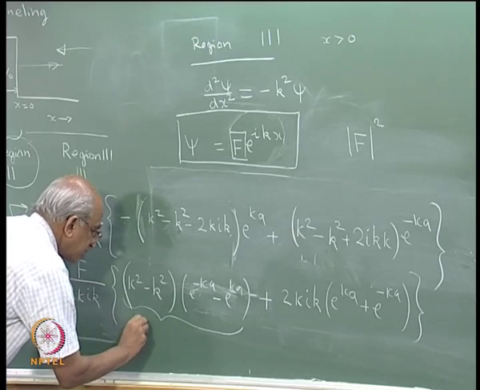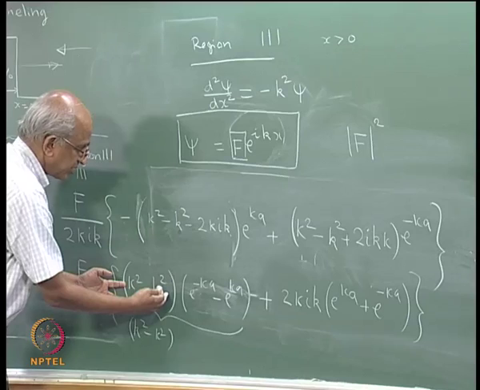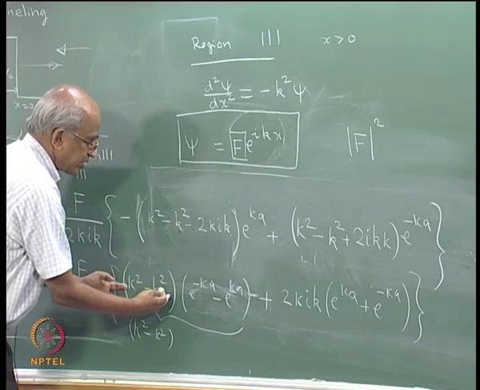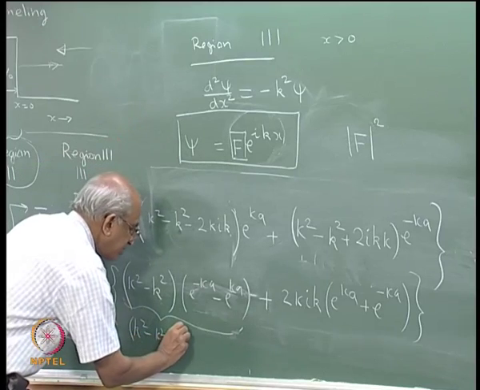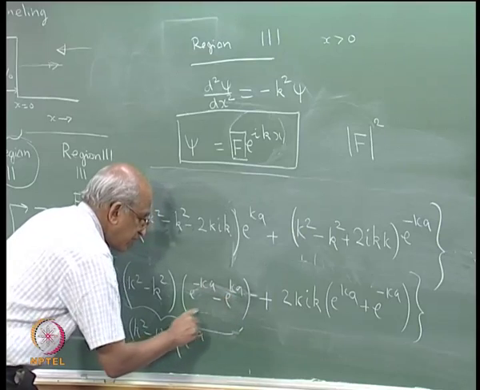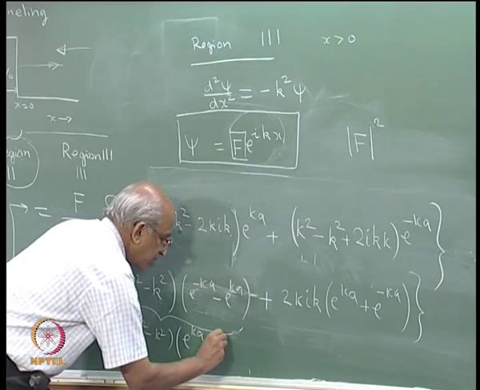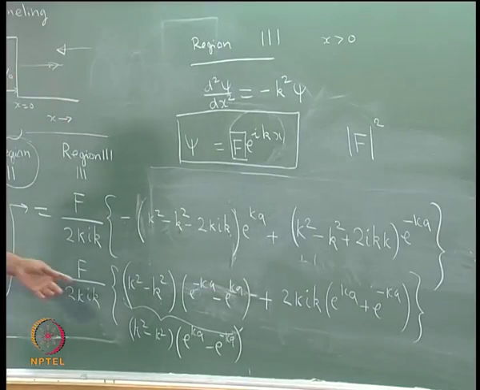I shall get k square minus kappa square here, that you can obtain by multiplying this by minus 1. So, the only thing is I will have to multiply this term also by a minus 1. So, let me just do that. So, I shall get e to the power of, this term will come first and the other term will come second. So, this term can be written like that.